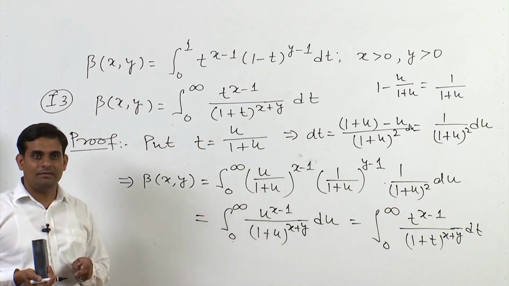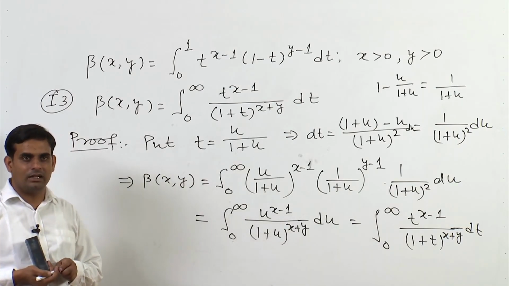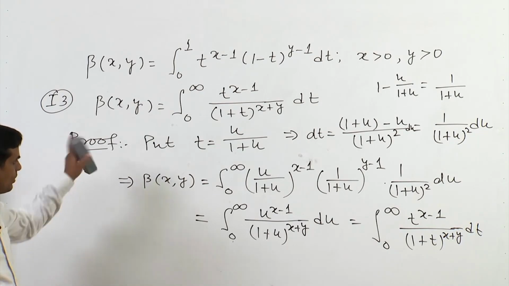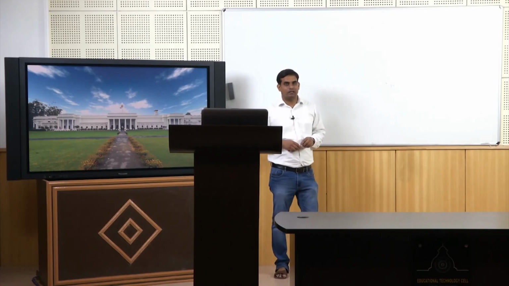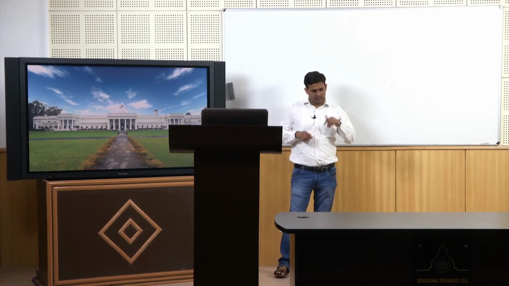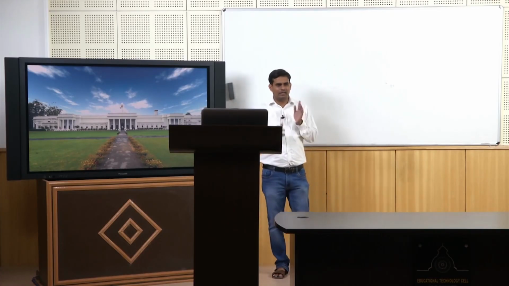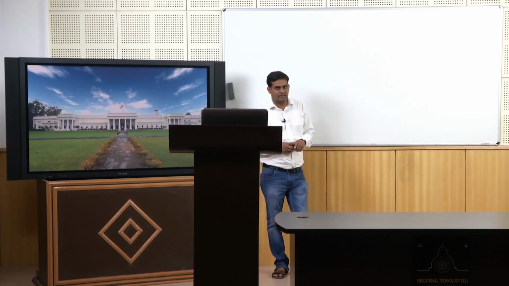So, hence we have seen three important identities of beta function. Now, we will see another important result of gamma function and beta function, that is the relation between beta and gamma functions.